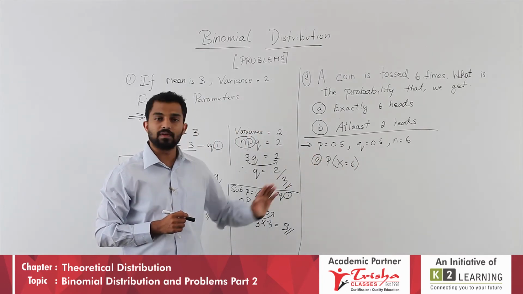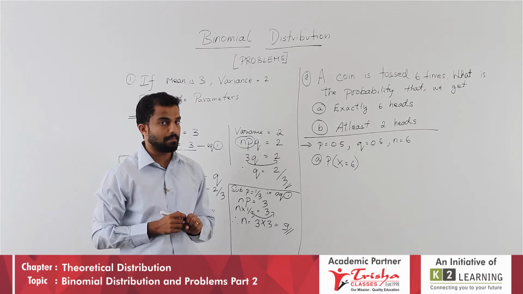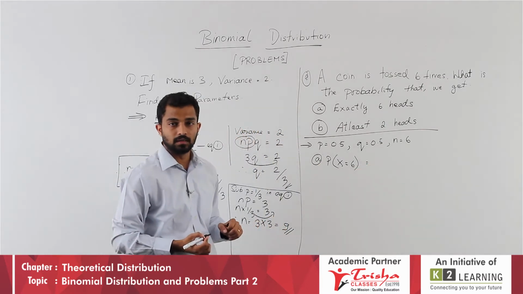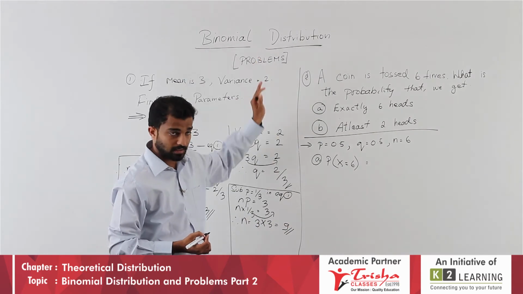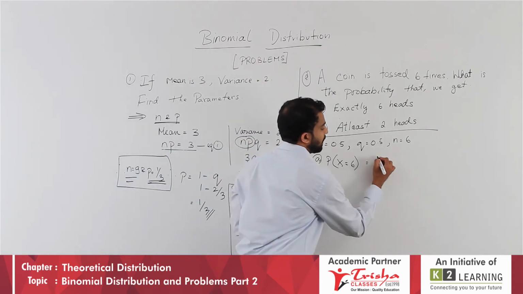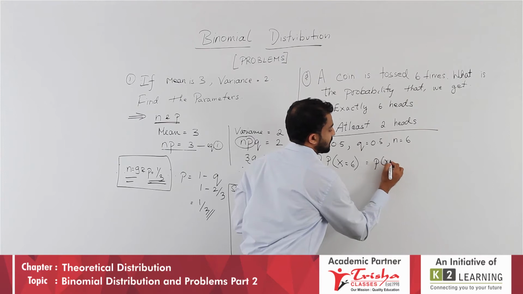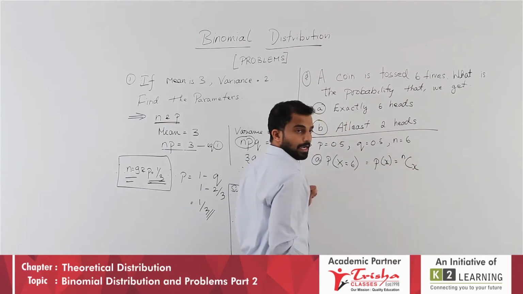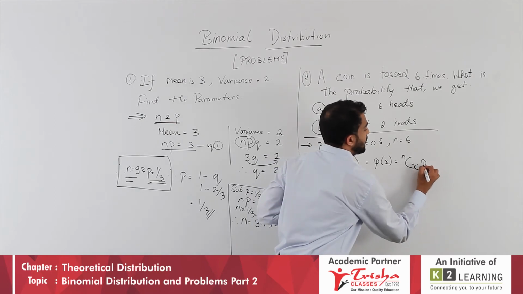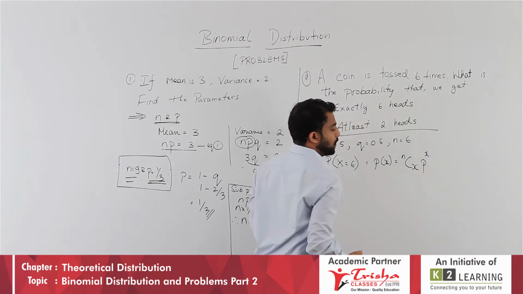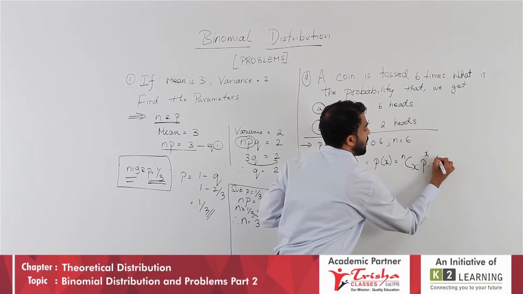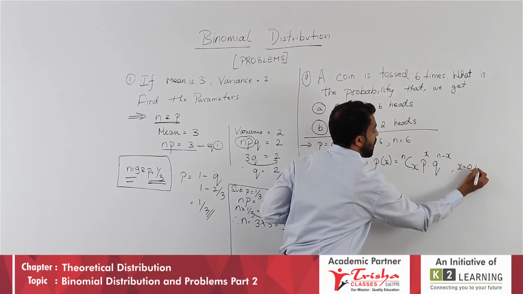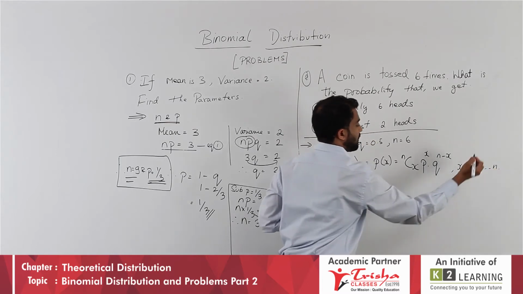But even before we move further, we have to write the PMF. And what is the PMF for a binomial distribution? For a binomial distribution, the PMF is P of x is equal to nCx into p to the power x into q to the power n minus x, and x is equal to 0, 1 up to n.